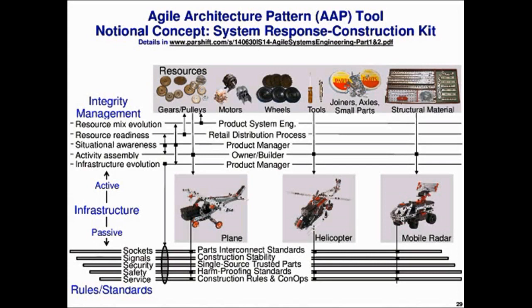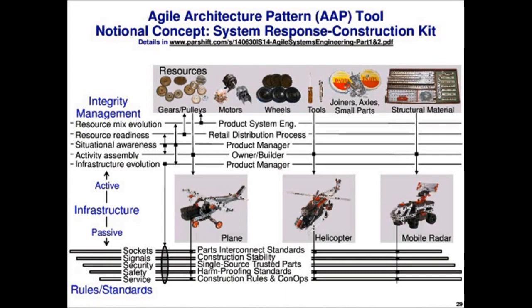But in all cases, they've got a set of resources that can be dragged and dropped into an activity assembly, a response to a need, and they can be dragged and dropped fairly easily into that assembly because there are a set of rules and standards, infrastructure, rules and standards, sockets, signals, security, safety, service, that ease that interaction, ease that interfacing capability.